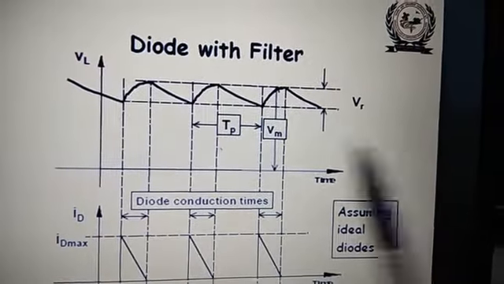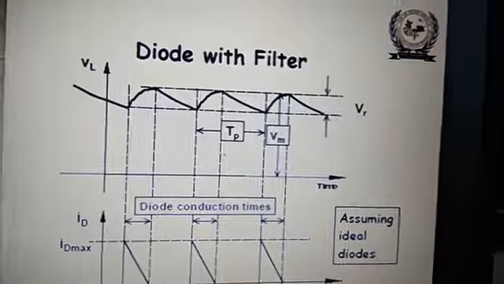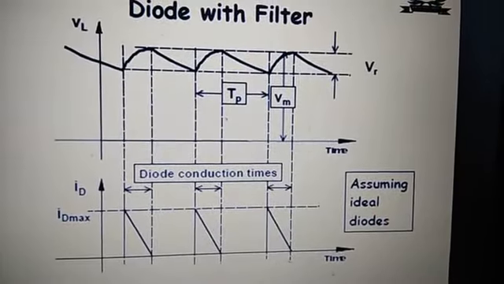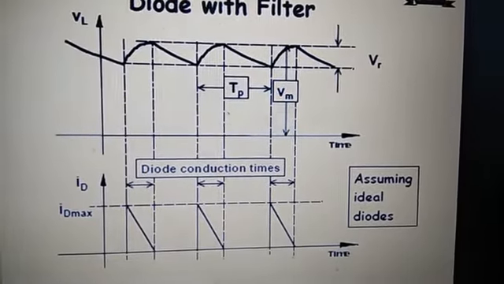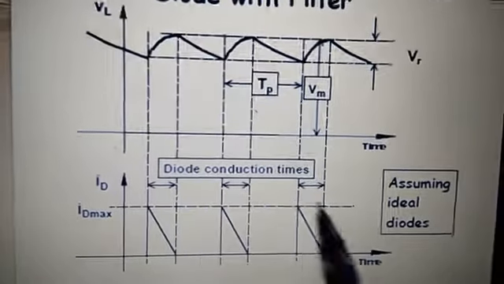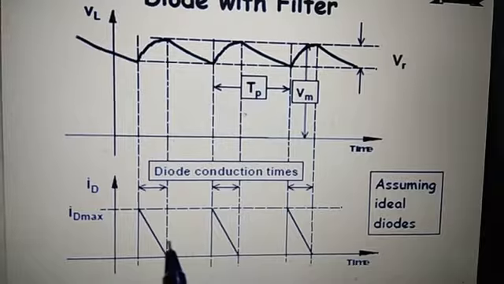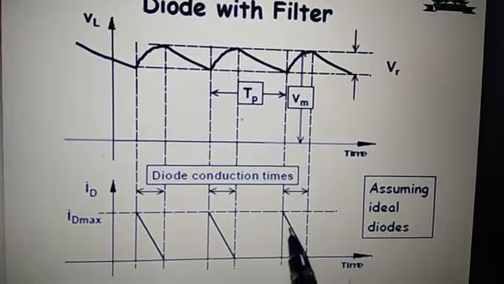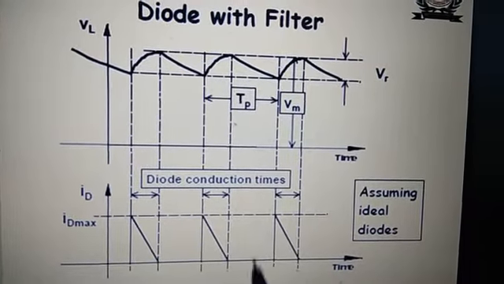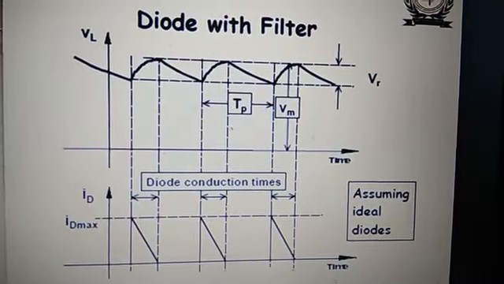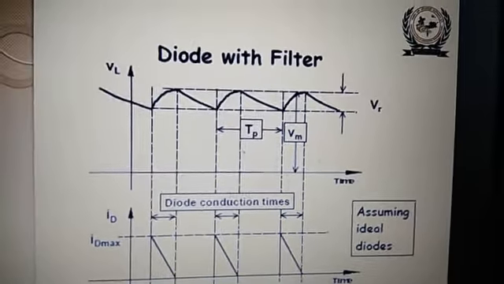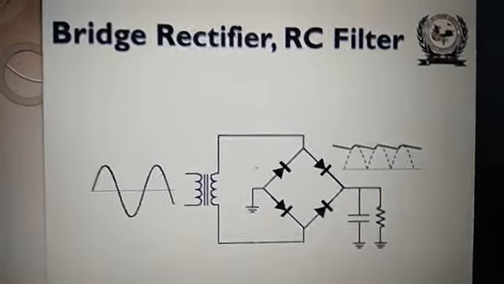The AC will be removed here and the average value you will get here, nearly pure DC. And the diode conduction times are shown here. The diode will conduct at this point and the diode will be off over here, assuming all the diodes are ideal.